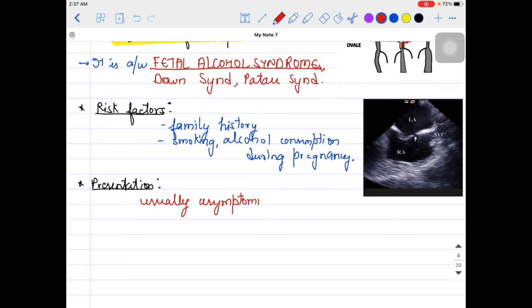Then you need to remember that large ASD patients will not be very comfortable with harsh physical activities, right? They cannot participate in marathon races and all of those things. Intense physical workouts will be a hindrance for these patients. Weight gain will not be that good, and pulmonary infections might be more frequent in these patients. So these could be the things present over there.